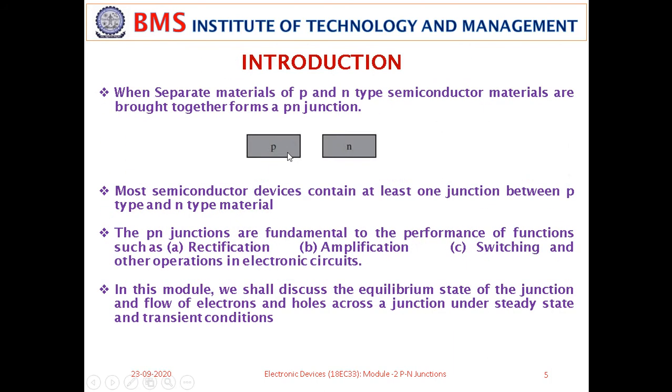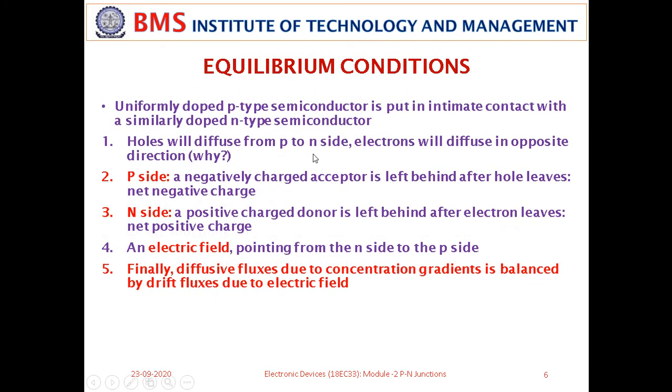Diffusion current is flowing from P to N, drift current is flowing from N to P. These two currents will cancel each other. What is the net current in the equilibrium condition? 0. Clear? So diffusion current and drift current cancel each other, and the net current under equilibrium condition is going to be 0.